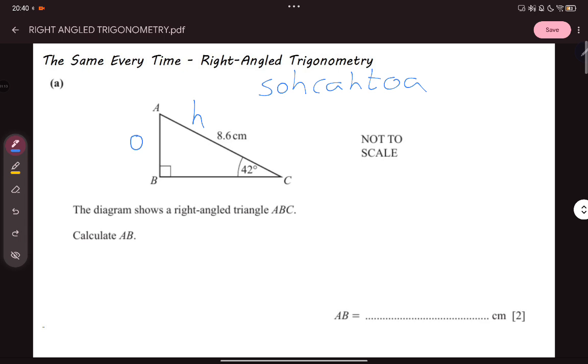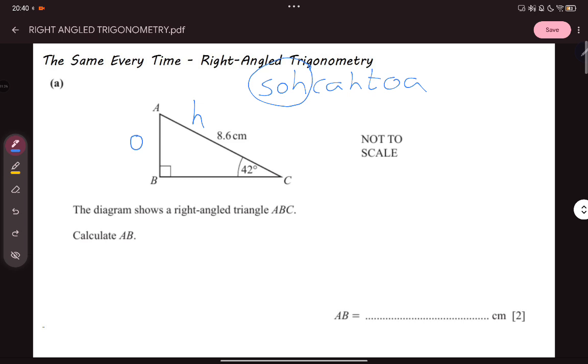So I need to decide, am I using sine, cosine, or tan? A lot of people remember this by SOHCAHTOA. The two sides that we are interested in this particular question are the O and the H. They want us to find O, and they are giving us H. So O and H is sine.